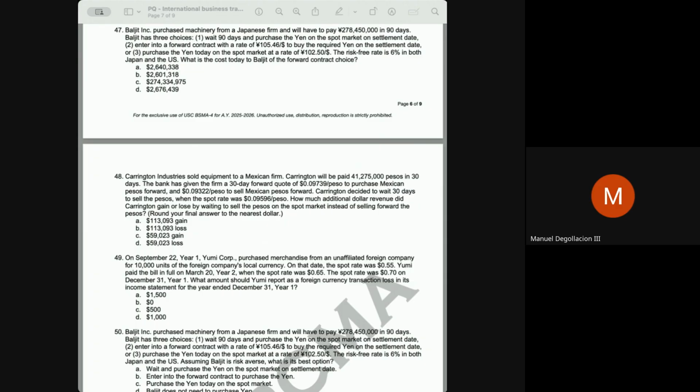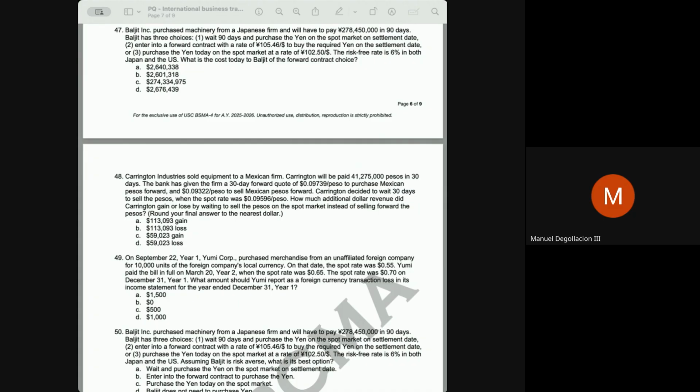But to simplify your analysis, just convert it all into dollars. When we waited, we used the actual spot rate. The amount of dollars that we got was 3,960,749.